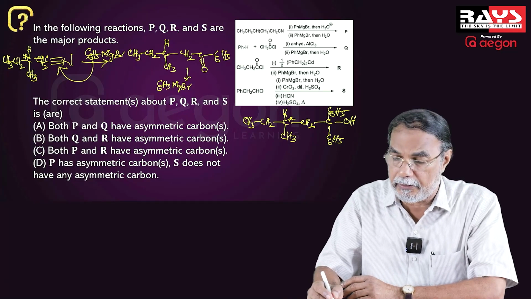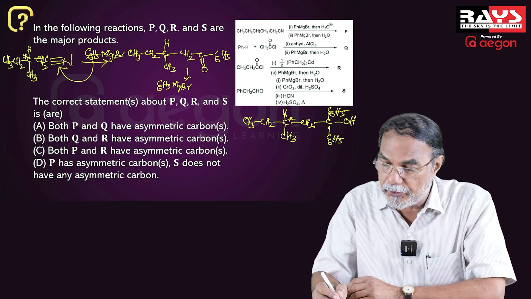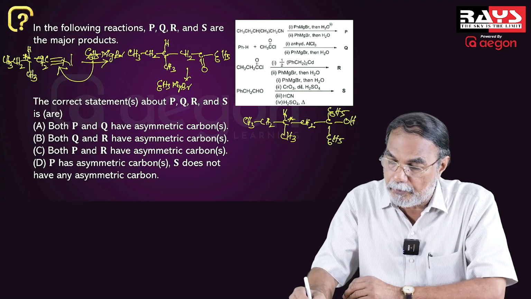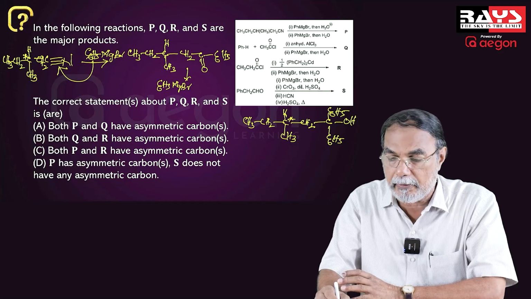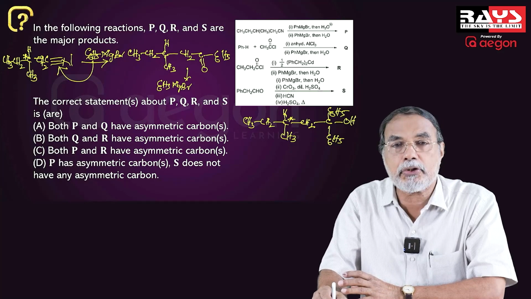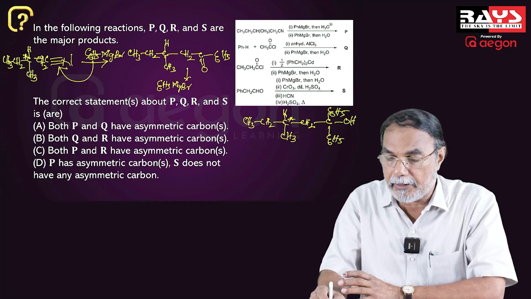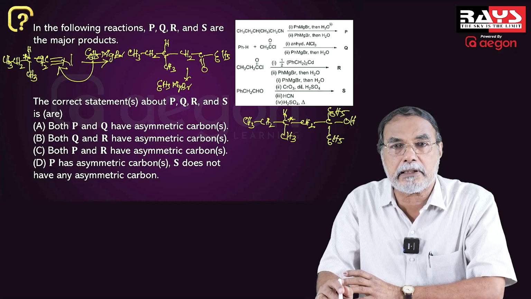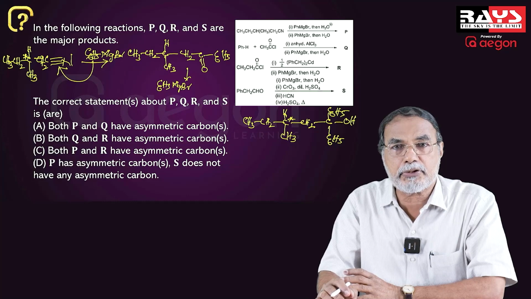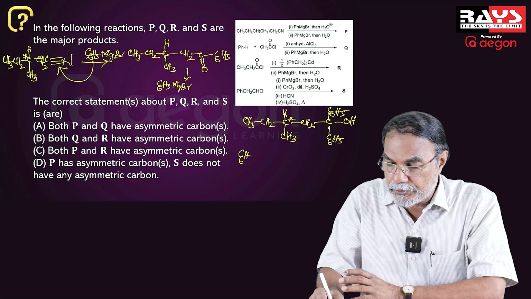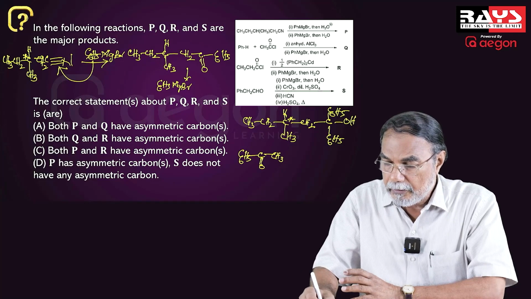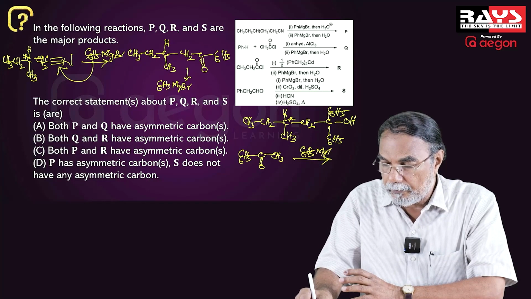Now the second statement of the reaction is regarding the compound Q, where benzene reacts with CH3COCl, acetyl chloride, in the presence of AlCl3. That is a very simple reaction, that is Friedel-Crafts acylation, and the product obtained is C6H5COCH3, the ketone, and this on reaction with phenyl magnesium bromide.